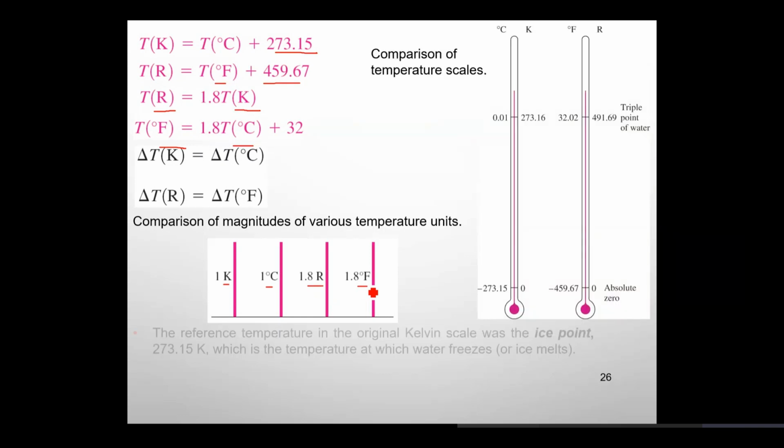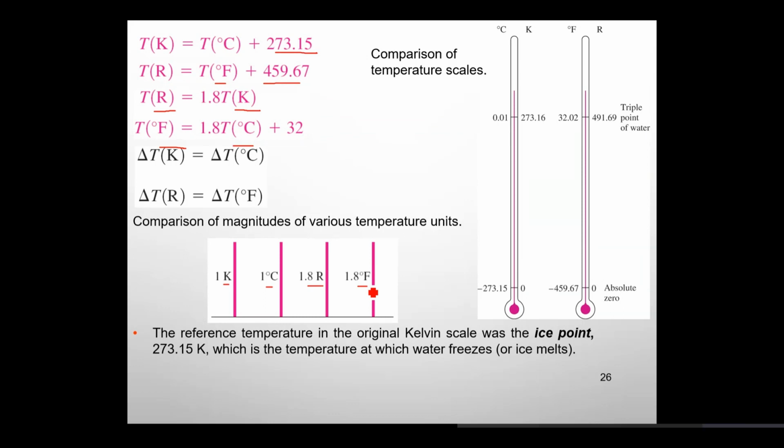And then the last point, initially we assumed one of the reference points to be the ice point. Later on, this ice point was changed as the reference, and the reference was chosen as the triple point of water.